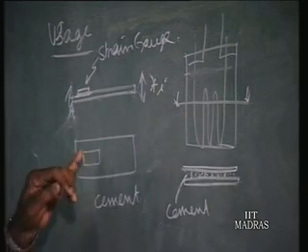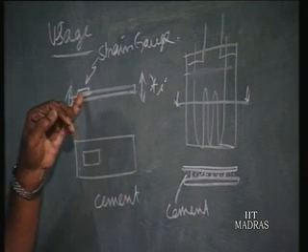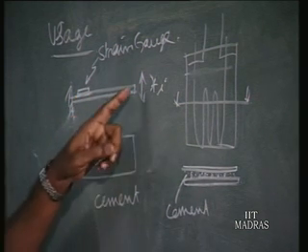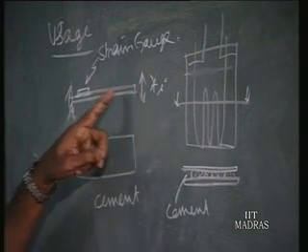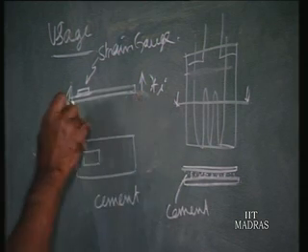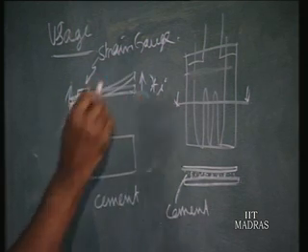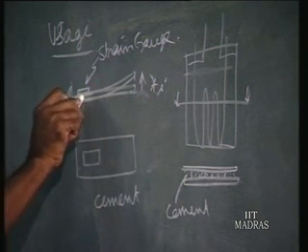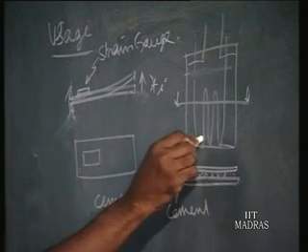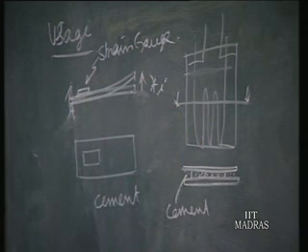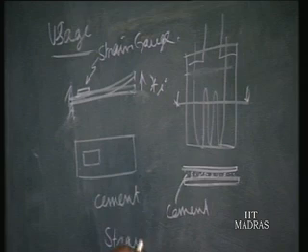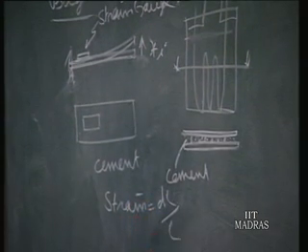So such a strain gauge is pasted, for example, at the top of the cantilever, and the displacement is given here. Due to this displacement, the beam will bend like this, and to that extent it is strained. That strain is picked up by the wire. What is strain? Strain is equal to dl by L; that is the strain you have seen in the equation.